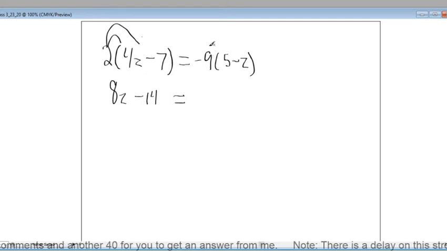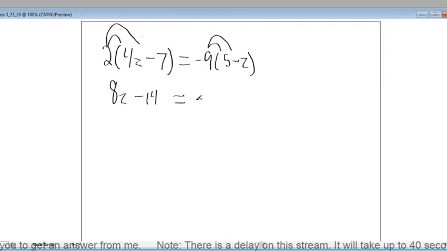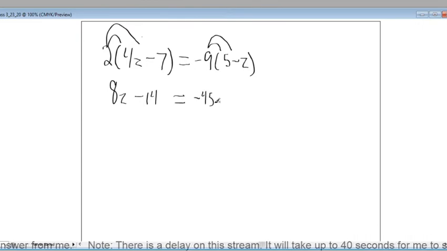So distribute the negative 9 into our parentheses. So negative 9 times 5, that's going to give us negative 45. And then negative 9 times negative z is going to be positive, because negative times a negative is a positive, positive 9z.